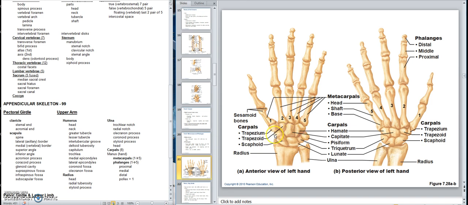You can look at them: the trapezium, the trapezoid, the capitate, the hamate, the pisiform, the lunate, the scaphoid, which looks like a ship, and so forth. So there are 8. Then here are the metacarpals, and here are the phalanges: proximal phalange, middle, and distal phalange. That's your fingers. Okay. So that's the upper limb, the arm and so forth.